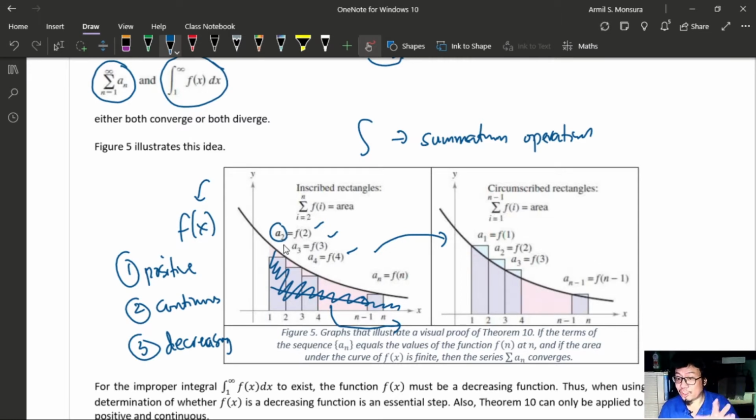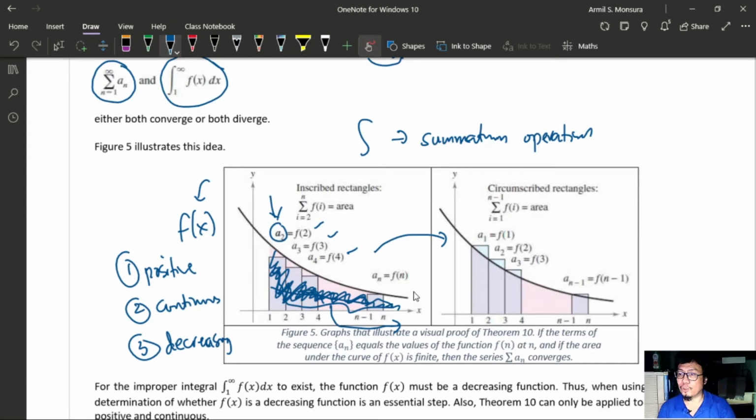Generally, they are not. We just say that if this area is a finite quantity, then the sum of the series will also be a finite sum. So that is how we illustrate the proof of your integral test.